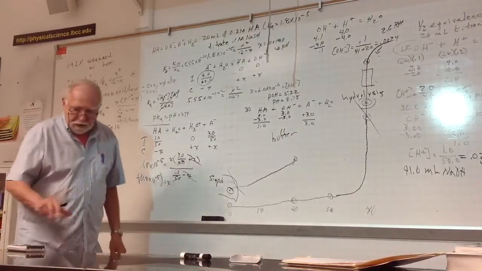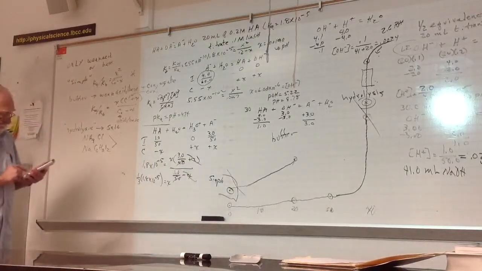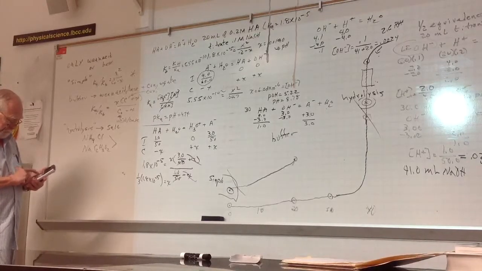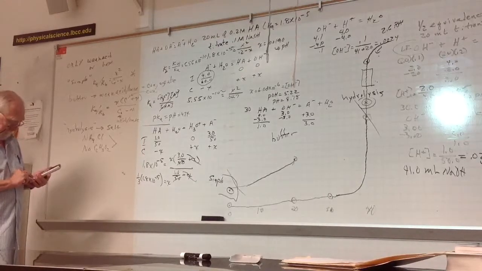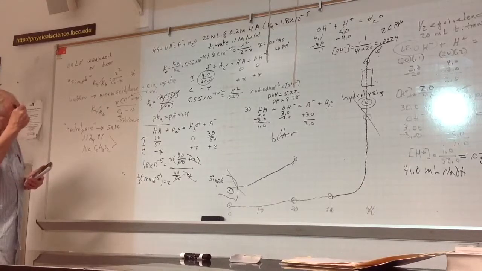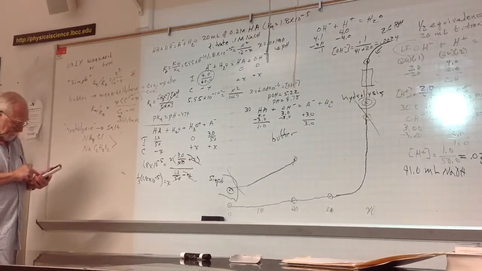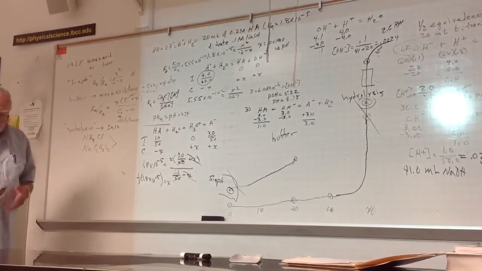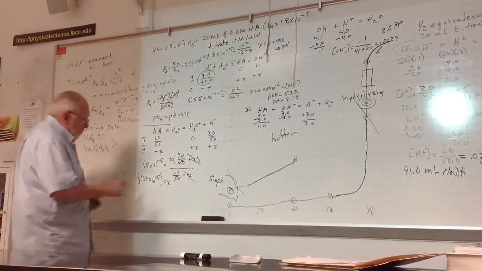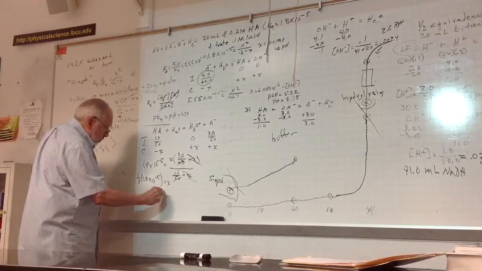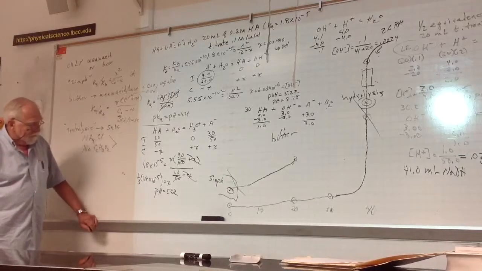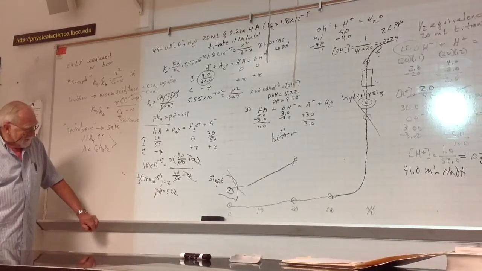So I get pH. pH is 5.22. You show me this to be the right number for the pH, I'll believe you didn't make a math mistake or whatever.